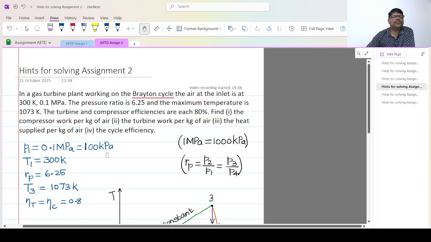Otherwise, we need to include some multiplication factors. So to avoid that, we convert the pressure from megapascal to kilopascal.